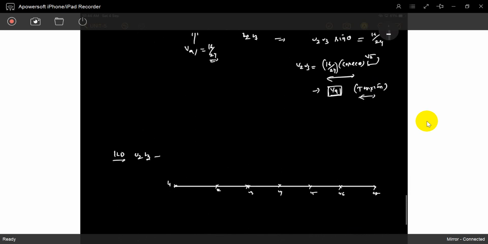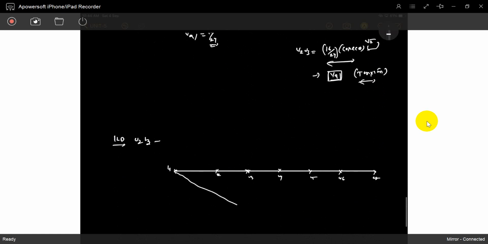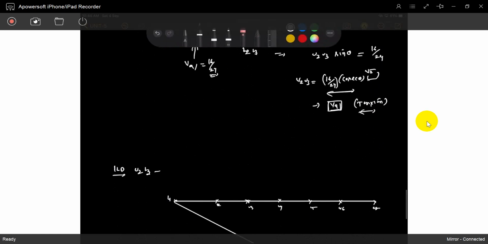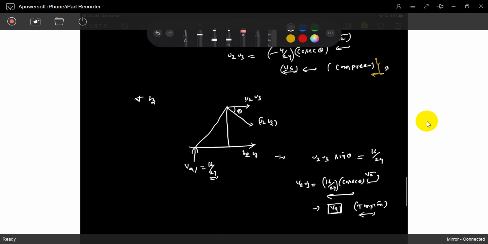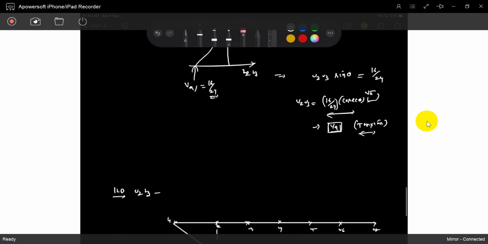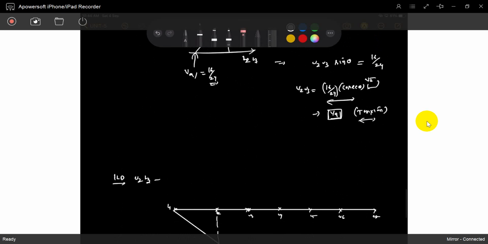So how is VB moving? Up to L2 it is changing with respect to VB. So cosec theta, just avoid it, I will say it. Later from L3 onwards, it's changing with respect to VA. So how is VA moving?